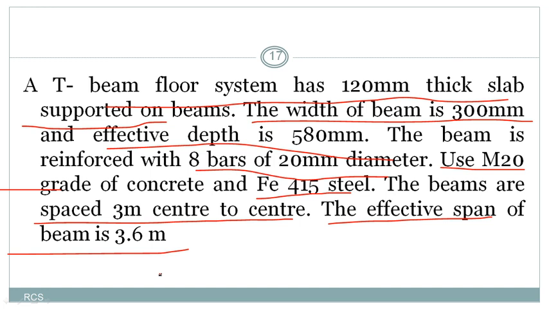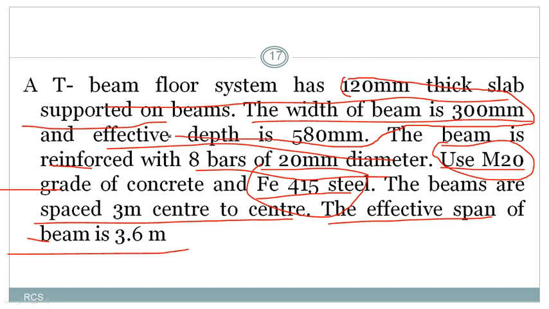So here, see whether it is a type 1 problem or a type 2 problem. We have to decide. If it is a type 1 problem, it has to give some material properties. Given the material properties, Fe415 grade of steel, and concrete properties, M20 grade, and the sectional properties are also given. From here to this region are the sectional properties. What are the sectional properties? Thickness of slab, width of the beam, effective depth of the beam, and area of steel is also given.